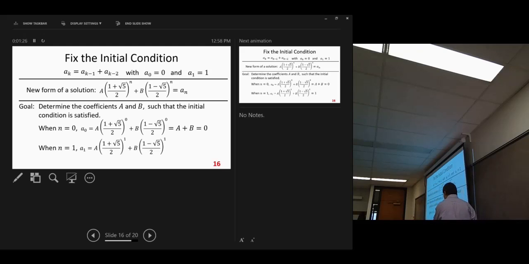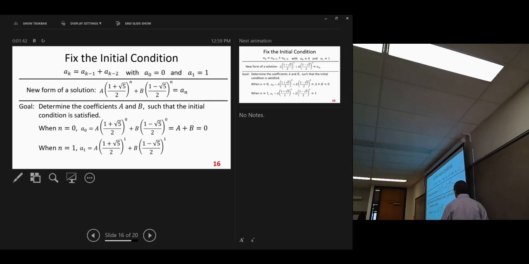I hope you do not get scared by the complex parentheses and root 5, because let's solve it in this way.